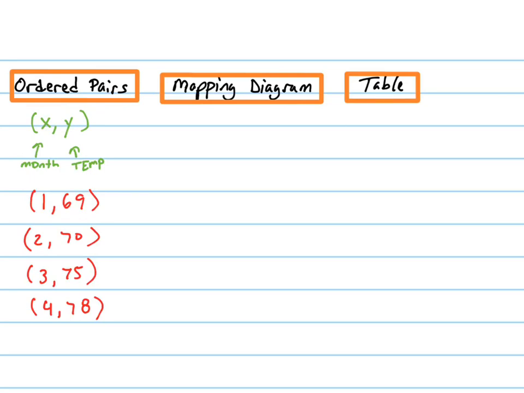We can also then do a mapping diagram where we have our inputs in one column and outputs in the other. Keep in mind for our inputs, we're going to be using the months, and the outputs, we're going to be using the temperatures, or in this case, X and Y. So input-wise, we've got 1, 2, 3, and then 4. I'm going to put an oval around this.